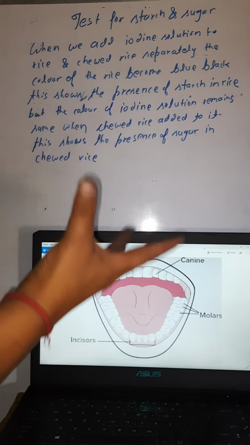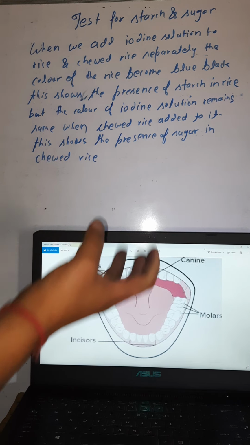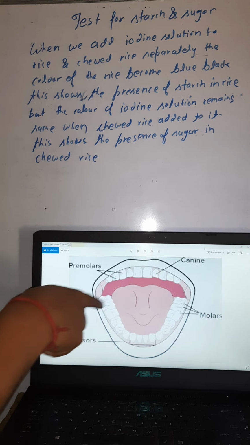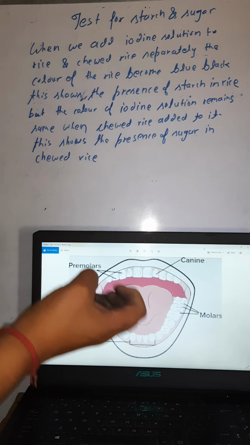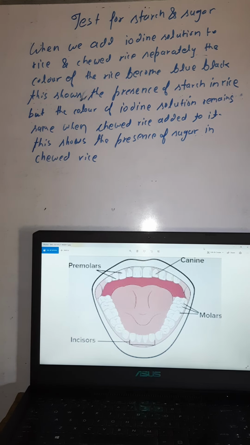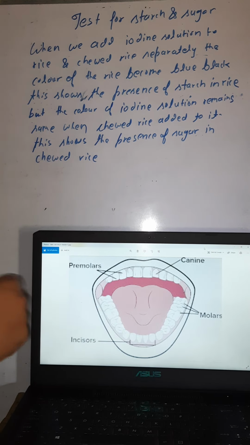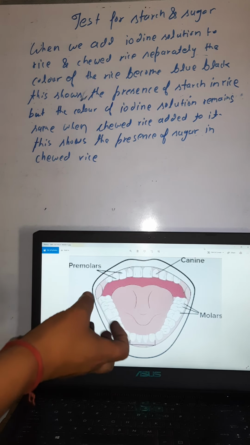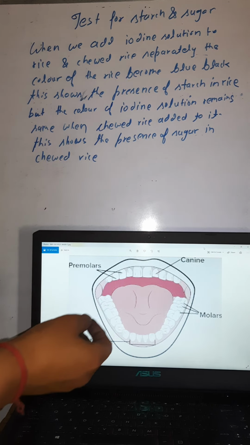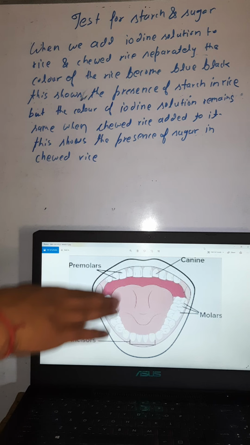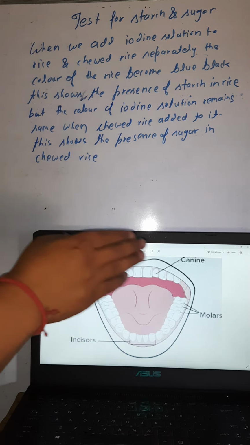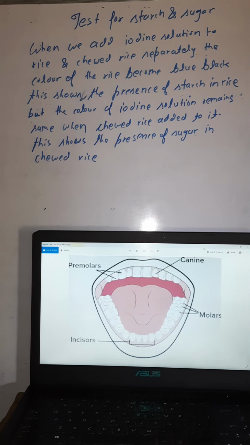Now the bacteria start breaking down the sugar which is there in your mouth into acid, and this acid is very harmful. This acid gradually damages your teeth, and ultimately leads to tooth decay.